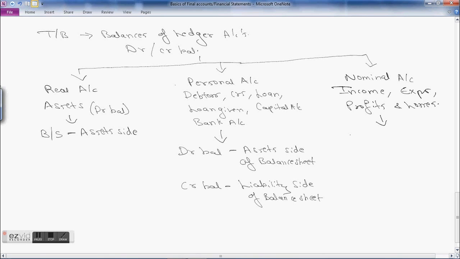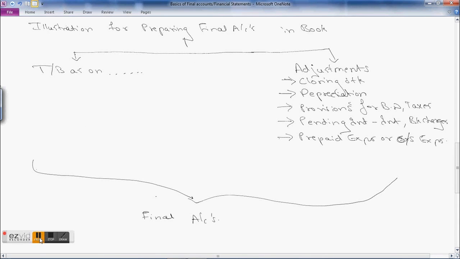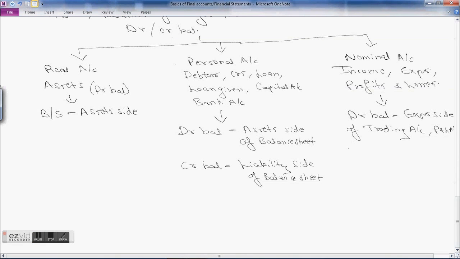So for nominal accounts also, all the debit balances will go on the expense side of either the trading account or profit and loss account or profit and loss appropriation account, depending on your nature of expenses. We'll see this in detail once we see the format of your final accounts.